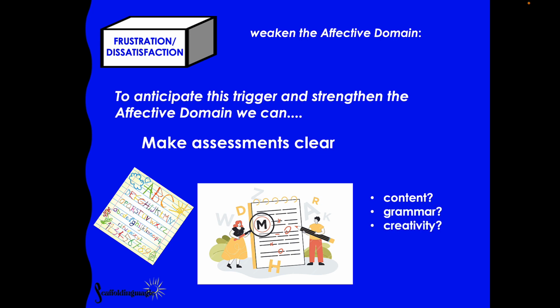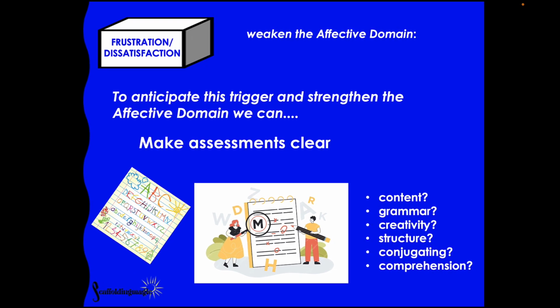They might think they're being assessed on creativity, and then they find out they're also being assessed on structure. They might stay up all night studying conjugations of verbs and then find out that it's really a reading comprehension test. So whenever the assessment has not been clearly explained and co-agreed upon, the students need to know what they're going to be assessed on way beforehand, the students become frustrated and dissatisfied with the learning environment.